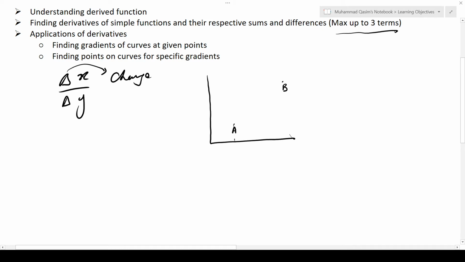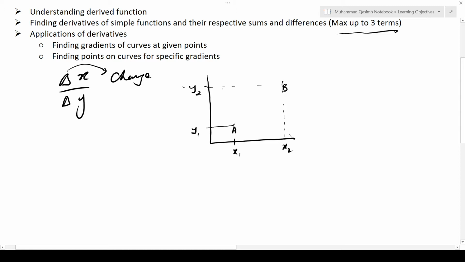Let's just say the x-coordinate of point A is x1 and the x-coordinate of point B is x2. Similarly, the y coordinates of the respective points are y1 and y2 respectively.